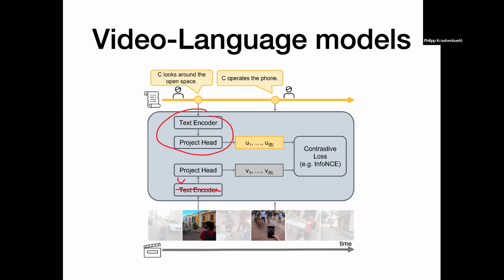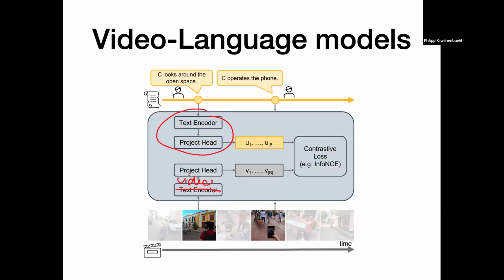This is the video encoder here. So you have a text encoder and a video encoder, and you embed these two things into the same space. They have a contrastive loss that forces videos with associated text to embed into the same space, and videos with any arbitrary other text to embed into a different part of the space.